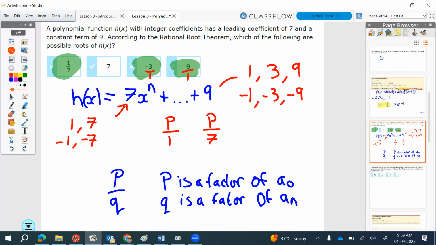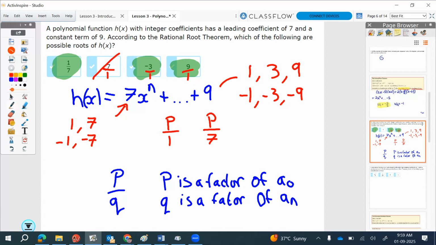Could this be a possible root? It can be 7 over 1. Is 7 a factor of 9? No. It can't be. 7 is not a factor of 9. It can't be that one.